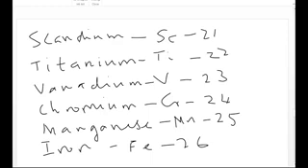So these are transition metals, the first row transition metals, because you have three rows: first row, second row, and third row. But the first row are the common ones.